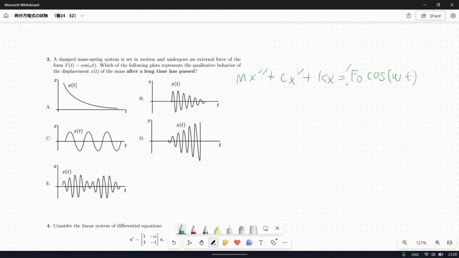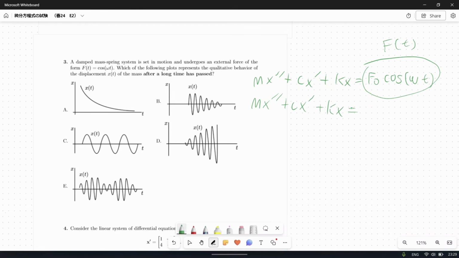And this right side of the equation here would be the external force, so f of t, which is given to us in this question. So we can come up with a more specific differential equation for this question where mx double prime plus cx prime plus kx is equal to just cosine of omega t.